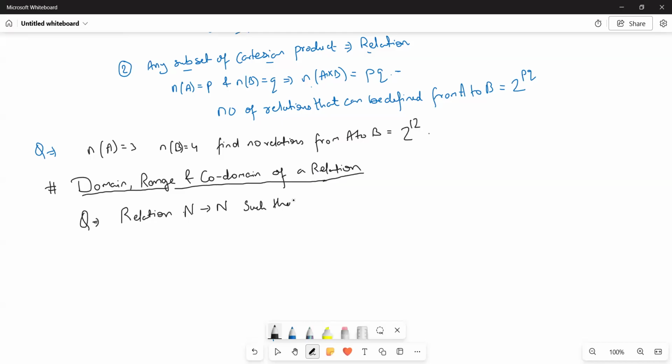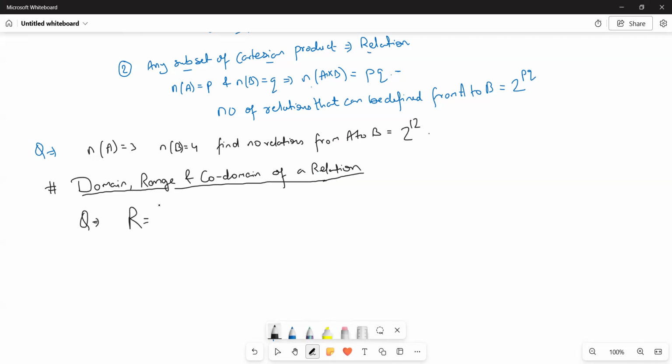such that, let's write it in the proper form so that we use the same format. Let's be consistent with that.